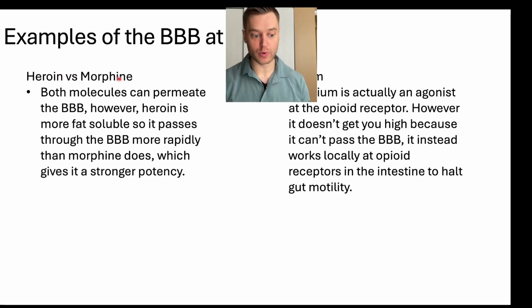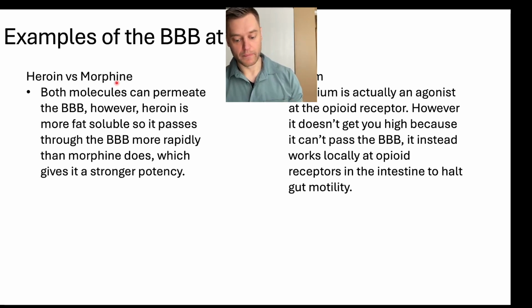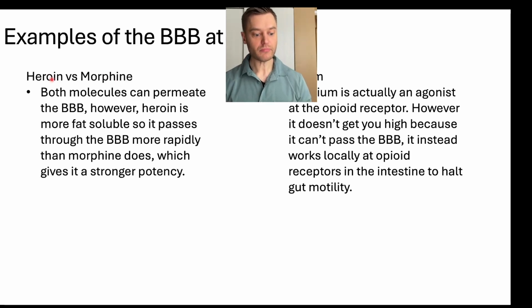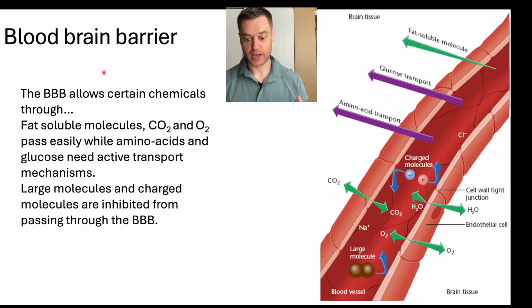Both heroin and morphine, because they're basically the same thing, are drugs that work on your opioid receptors. Heroin is more fat soluble though, so it passes through the blood-brain barrier faster than morphine does.